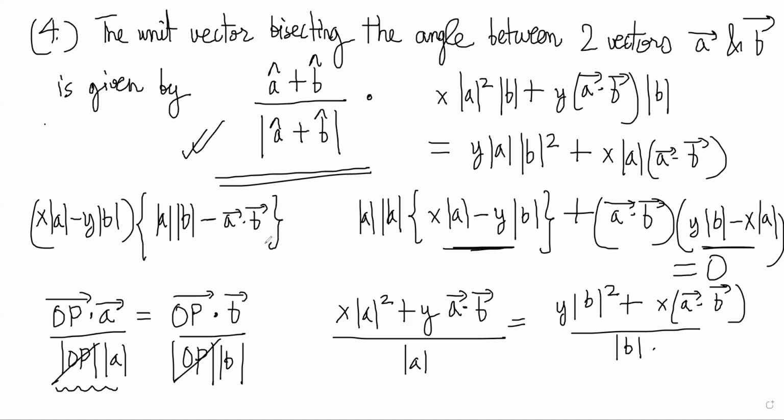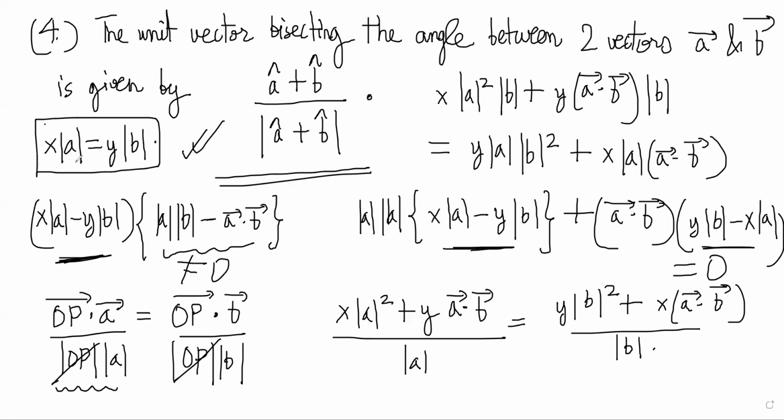Since the angle between the vectors A and B is not equal to 0, this part cannot be equal to 0. So this part has to be equal to 0, which means x times mod A is equal to y times mod B, right?